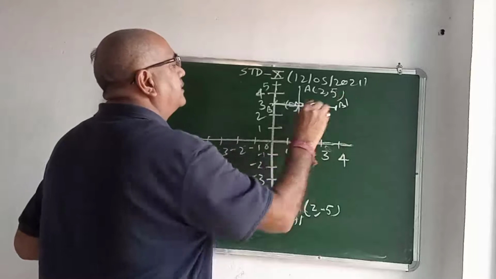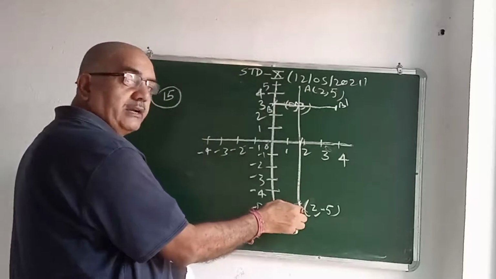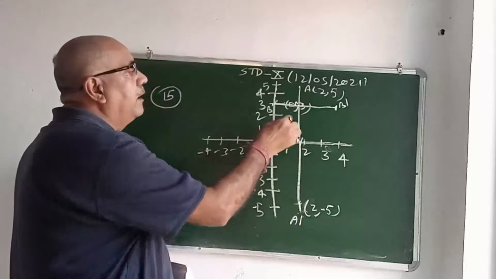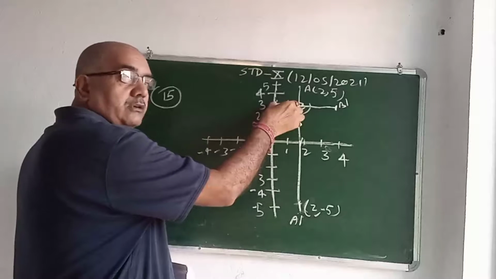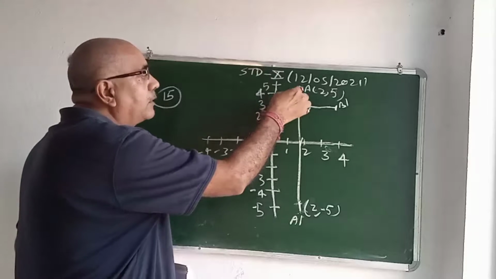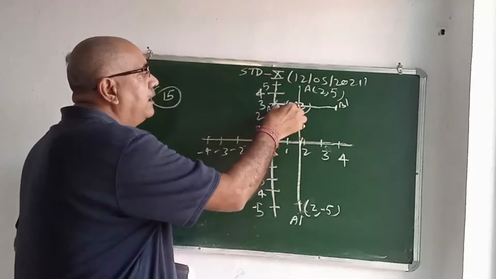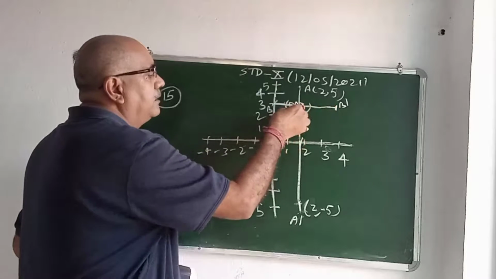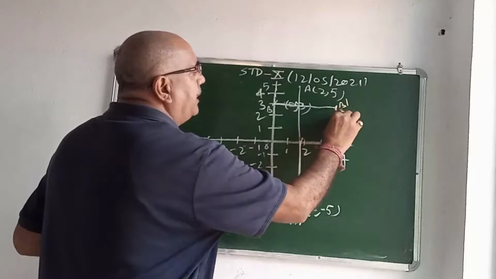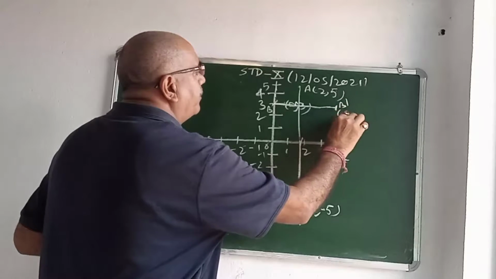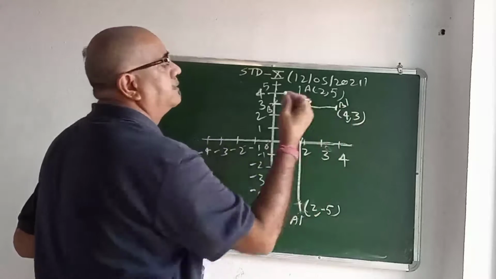This is B dash. So AA dash becomes a mirror. On this mirror we have to reflect B. Draw a perpendicular line on AA dash and produce it up to the same length, 2 houses back. What is the coordinate of B dash? The coordinate will be (4, 3).